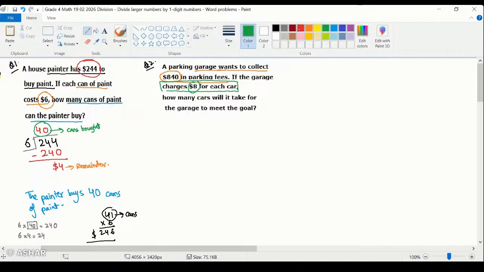So how many cars will it take for the garage to meet the goal? How many cars do they need to let in? They need to let in a lot of cars, right? So we need to find how many cars exactly. So what we need to do is the amount 840 is to be divided by 8, right?